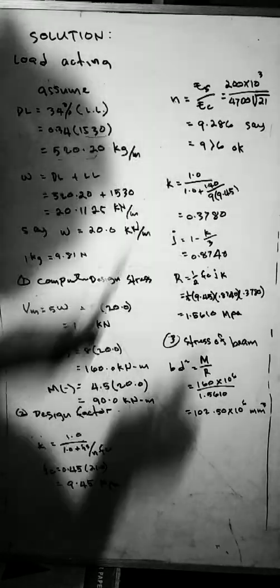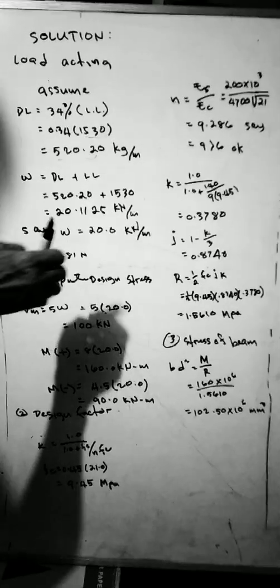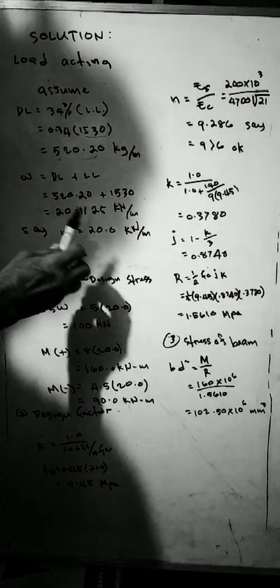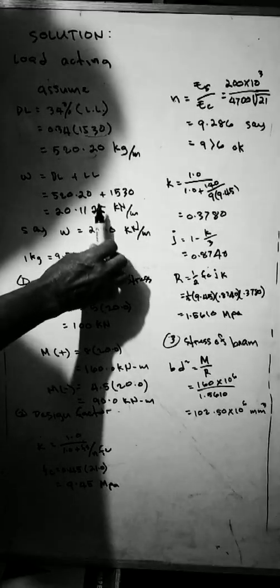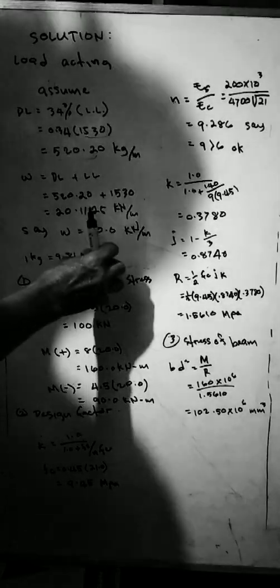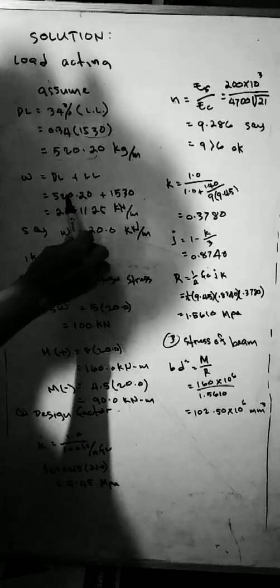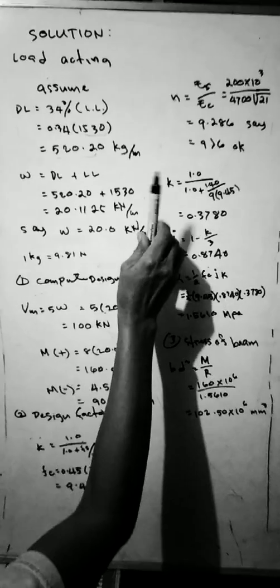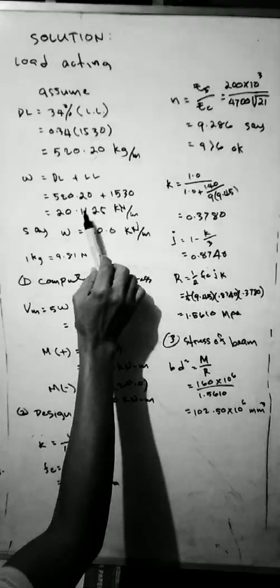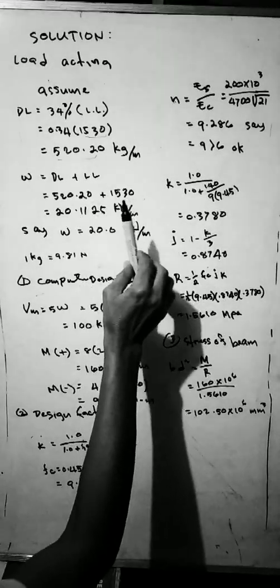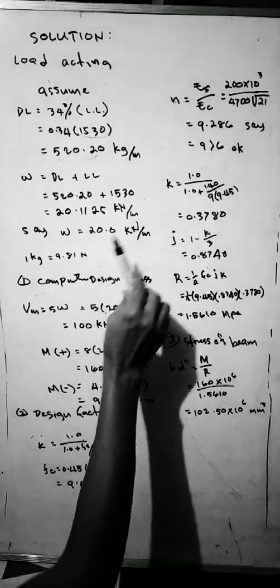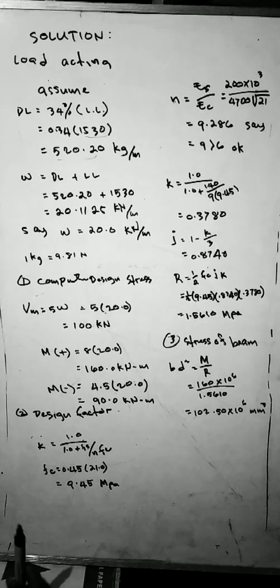Okay. When you combine this, the result will give us kilogram per meter. And we have to convert it into kilonewton.